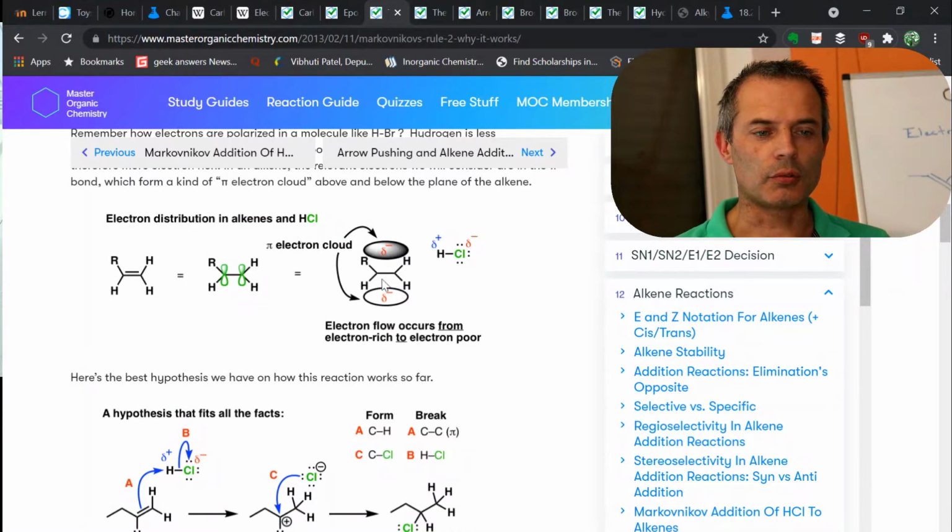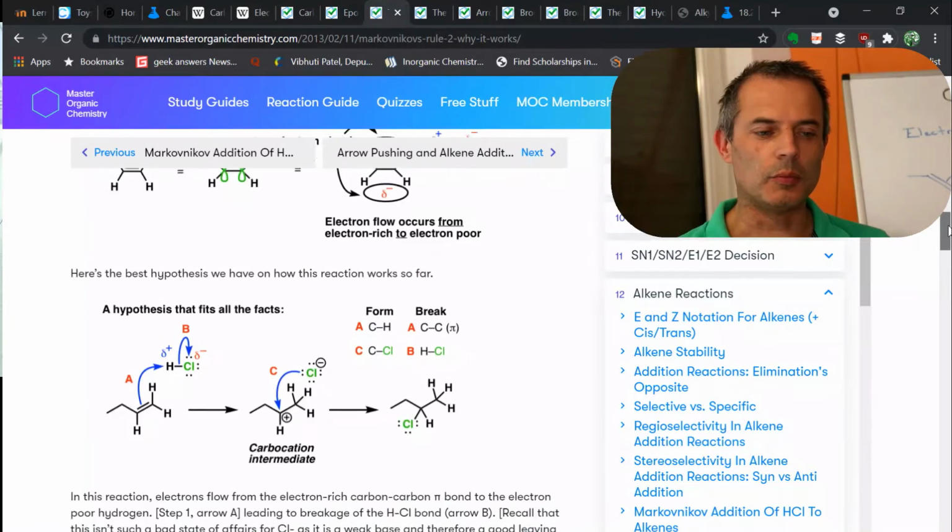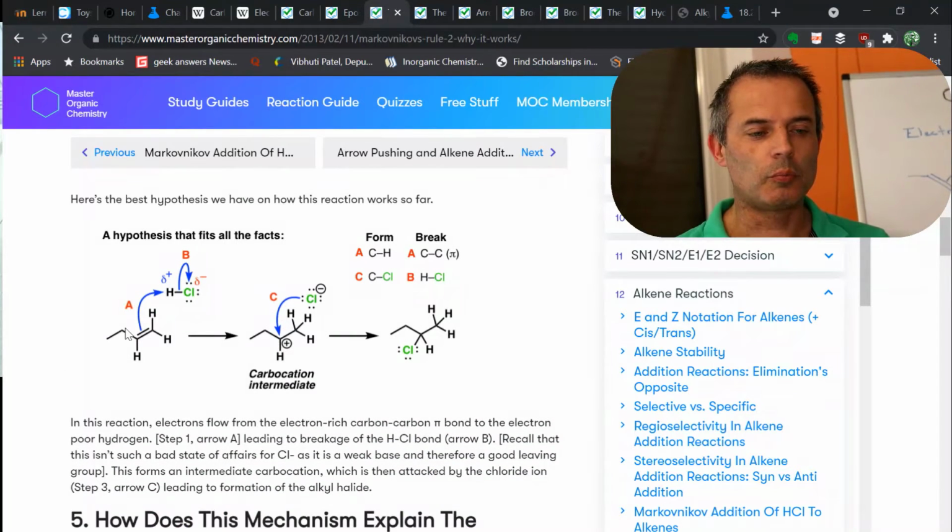So the mechanism is that we are going to take our electron-rich electron cloud and attack our hydrogen and give the most electron-rich things the positive charge. So our pushing of electrons comes from this end, pushing electrons into this end, and that causes the bond to flip out in this direction. And then, once we form the carbocation, it can be attacked.